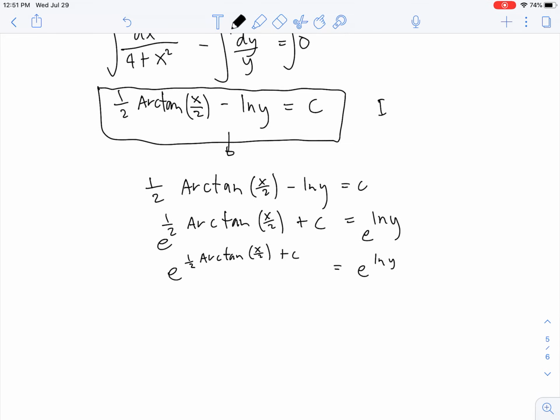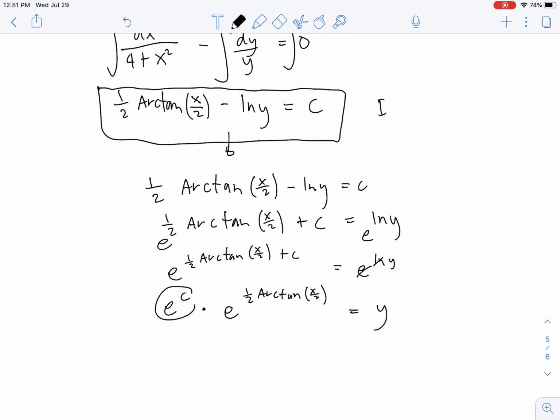So since pareha tong ganiya, gi-plus man ang duha ka exponents, therefore this is just e raised to c multiplied by e raised to 1/2 arc tan x over 2 is equals to kani e og ln makancel out, mabilin ang y.